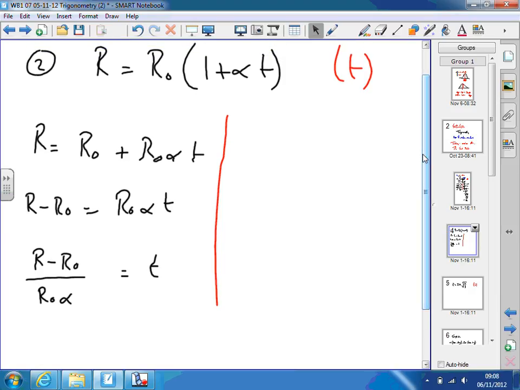Instead of multiplying out the brackets, what's the other way I could go on with, starting at this point here? What could I have done? I could have divided by R0, since this whole bracket here is multiplied by R0. So divide by R0. And I get R over R0 equals 1 plus alpha T.